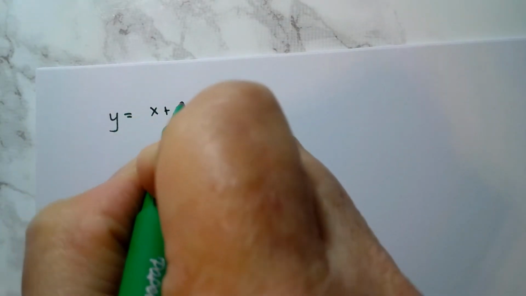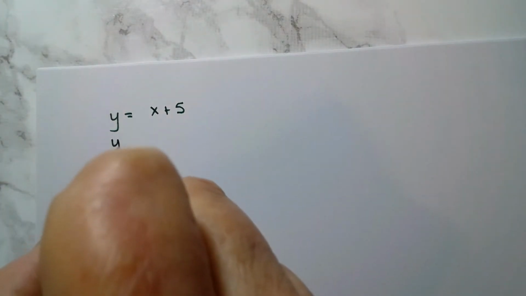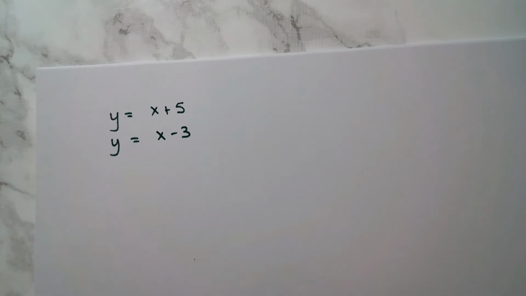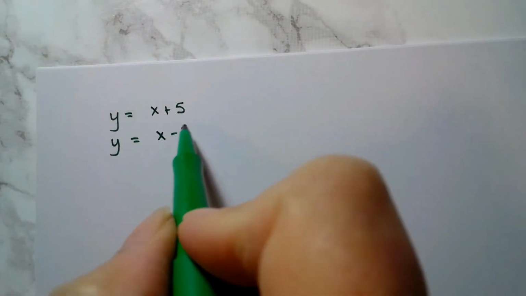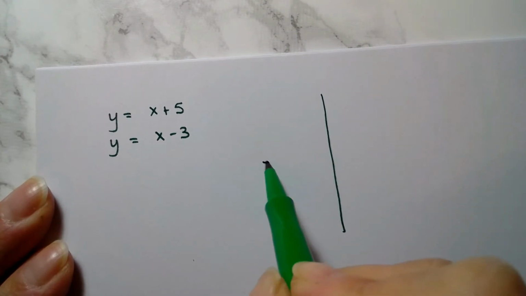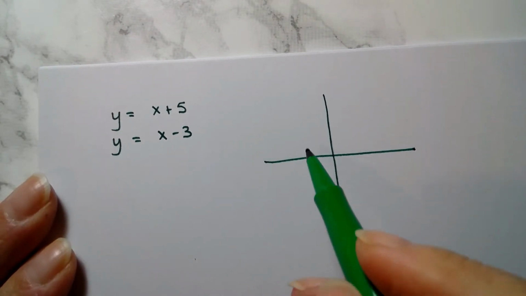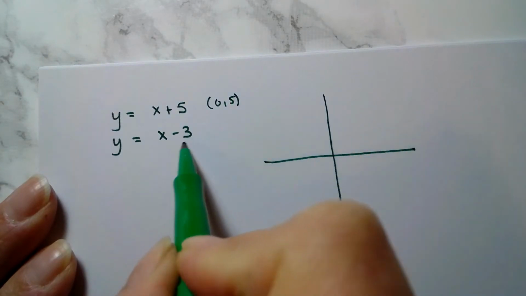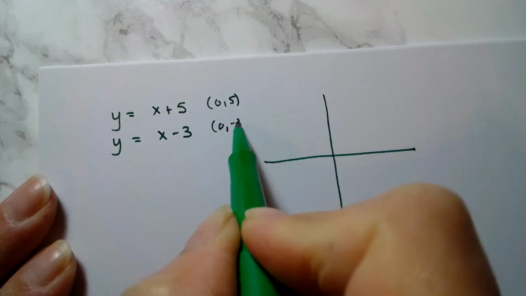So let's suppose y equals x plus 5 and y equals x minus 3. These two lines are parallel, and I know that the slope is 1, right? So if I wanted to graph them, I could just do a sketch real quick. The y-intercept here is 0, 5, and the y-intercept for this line is 0, negative 3.